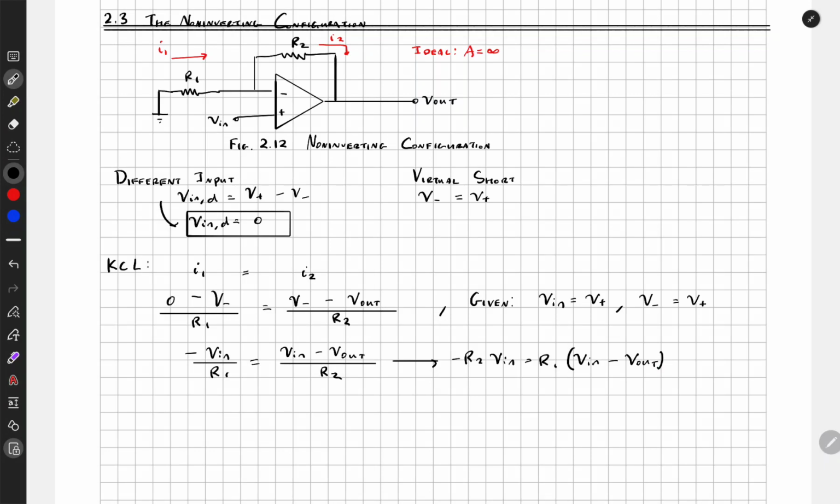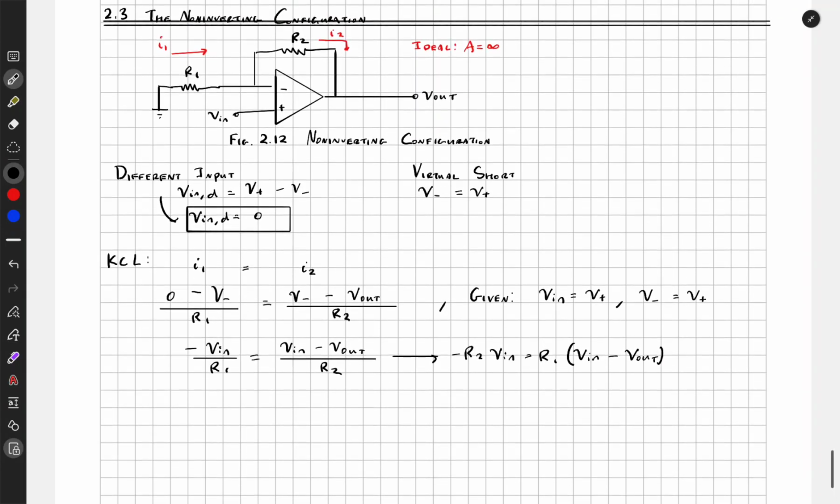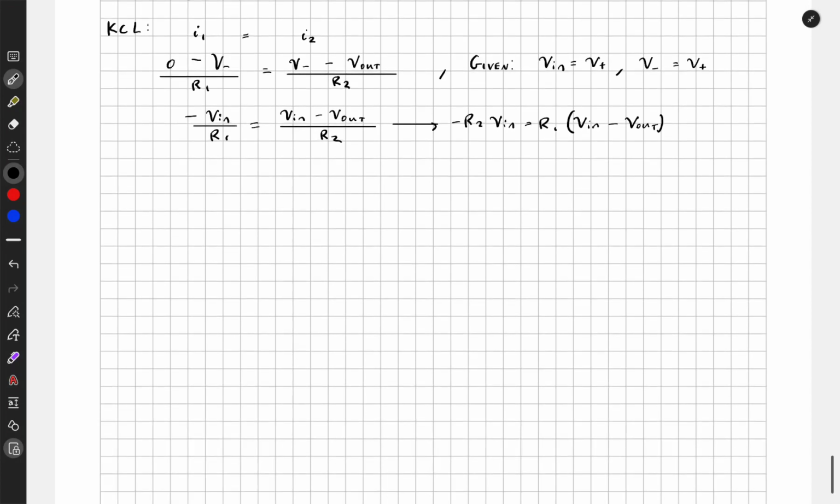So now we can simplify this and solve for V out divided by V in. That is the closed loop gain.